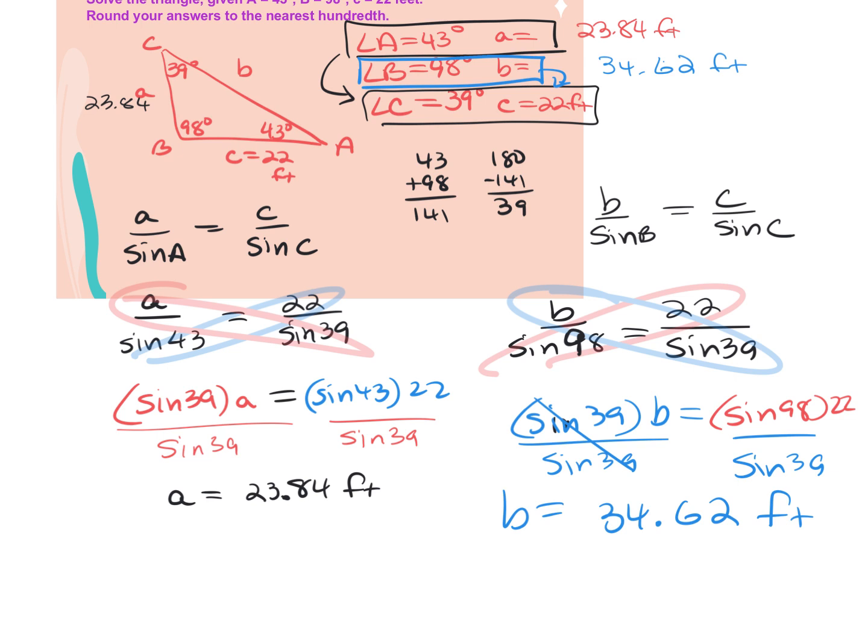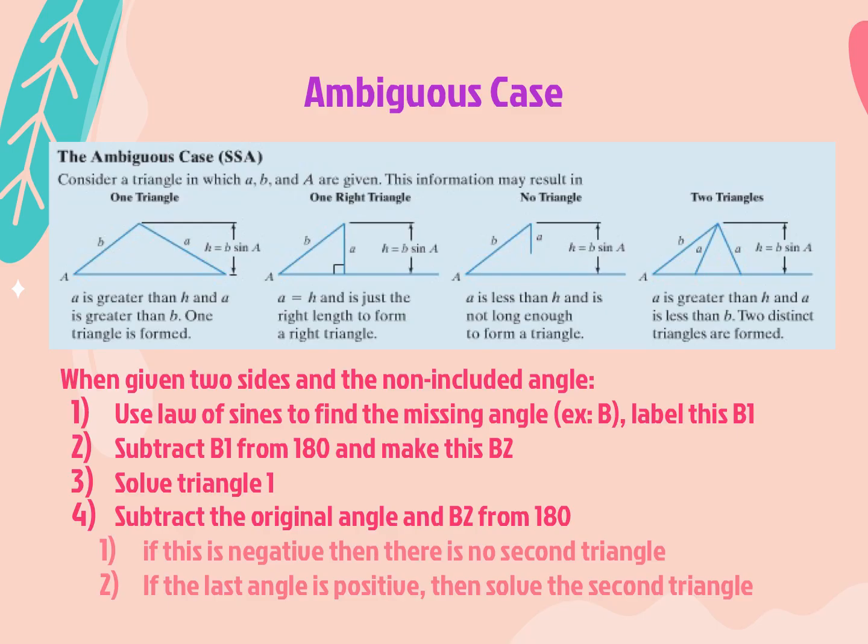Now comes the tricky part. It's called the ambiguous case. This is where we have that tricky scenario, the SSA scenario, where the angle is not the included angle. So what'll happen here is once I start my calculations, I'm either going to find that I have no triangle at all, where once I try to do my first proportion, I get an error on my calculator.